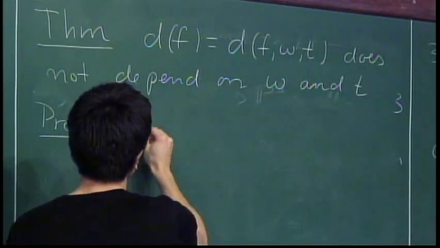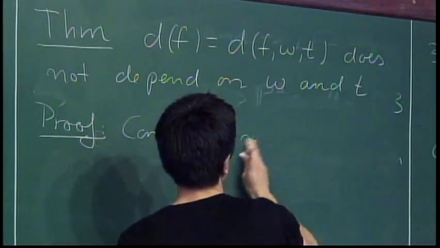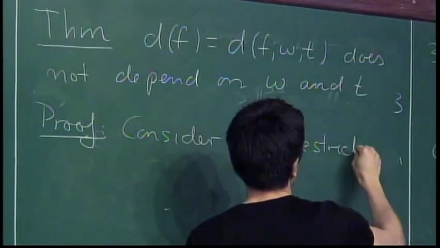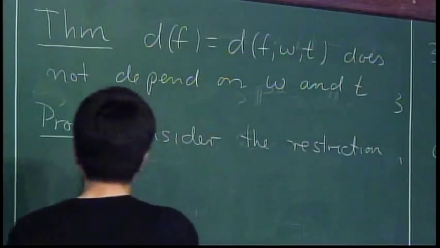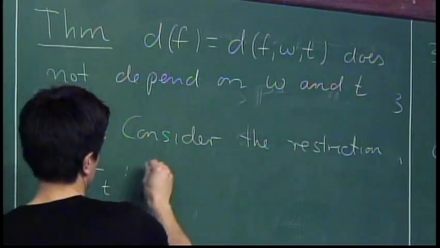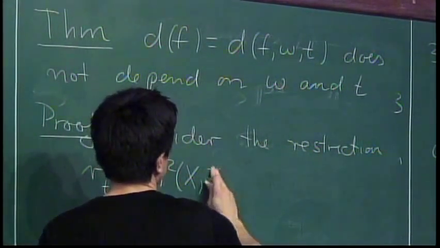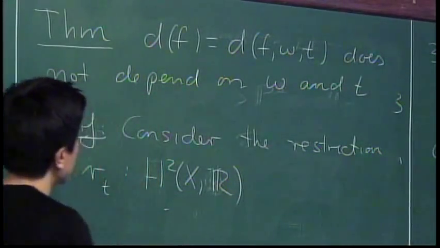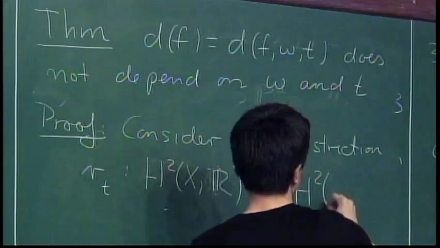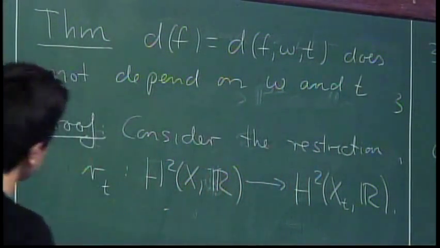At first, let us just consider the restriction, where t is still a point of the base space, from our hyperkähler manifold X, but now with real coefficients, to our smooth fiber X_t.